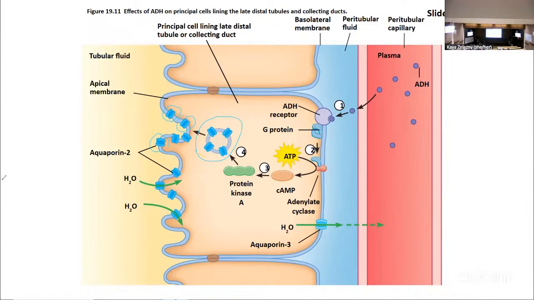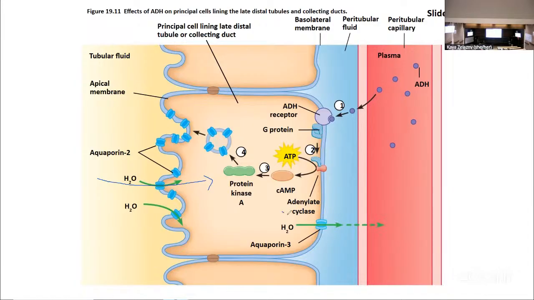Okay. So we can go through those steps, right? ADH heads down our bloodstream, activates this receptor. We then have a cellular pathway that tells us to take these aquaporin 2s and put them on the apical membrane. And that means that we now have a pathway for water to flow first into our cell through aquaporin 2.